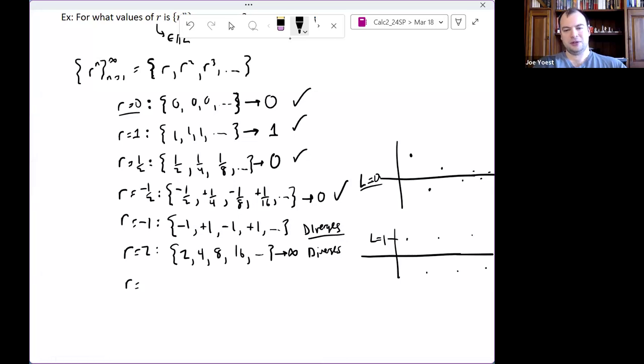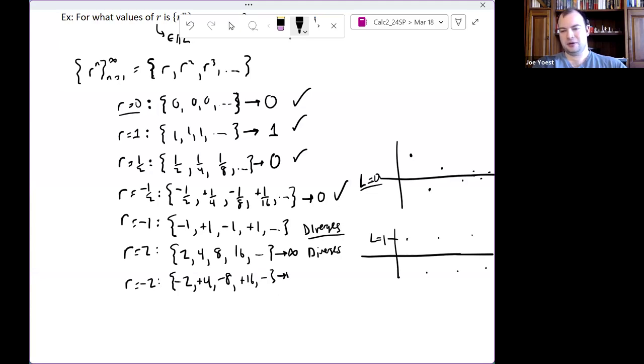We could see a similar thing with, say, r equals -2: -2, +4, -8, +16. This actually doesn't go to infinity. It doesn't go to negative infinity. It keeps bouncing back and forth between positive and negative, and gets larger and larger in magnitude.